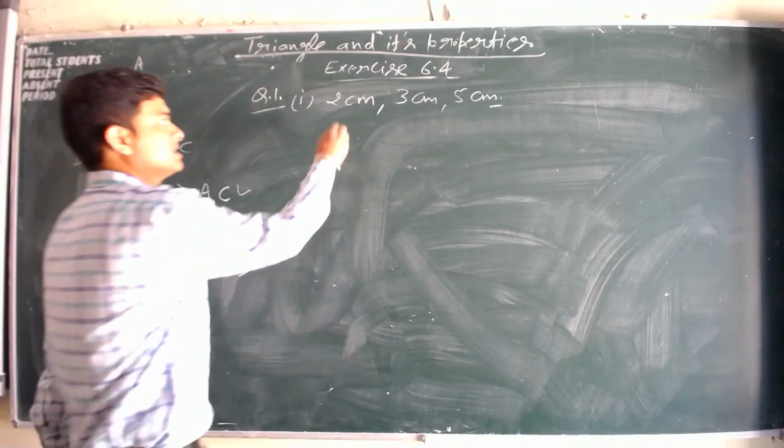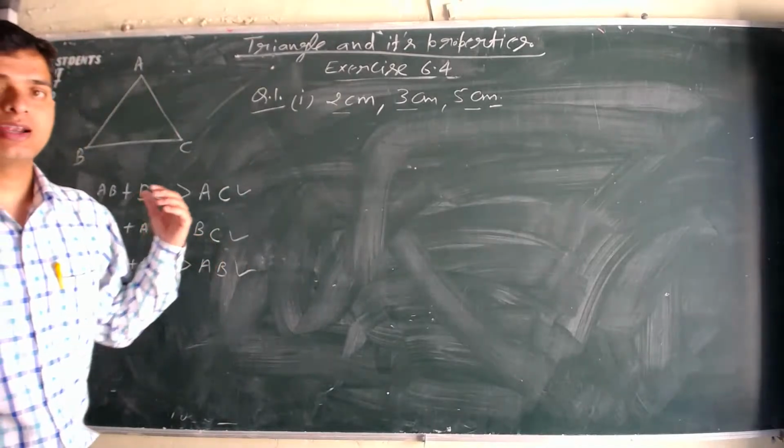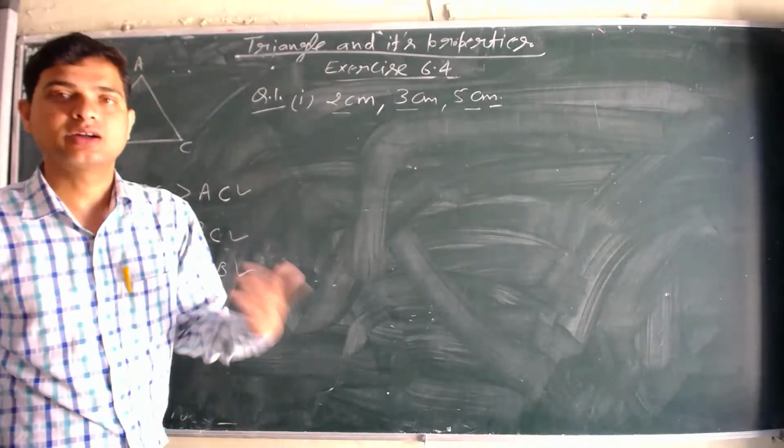We have three sides, 1, 2 and 3. Any two sides' sum should be greater than the third side.